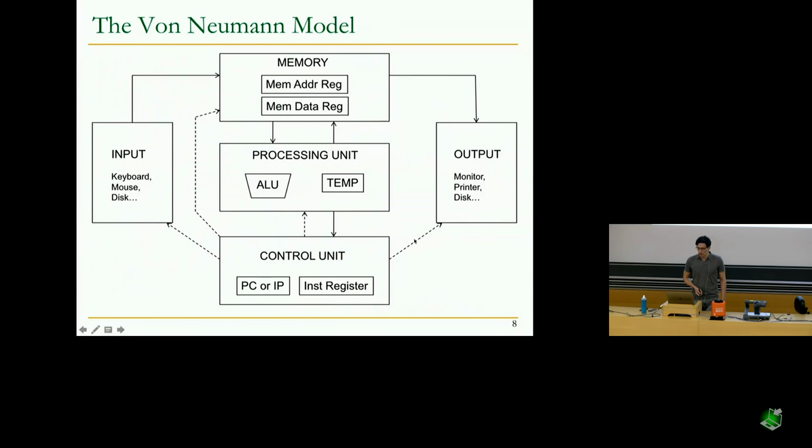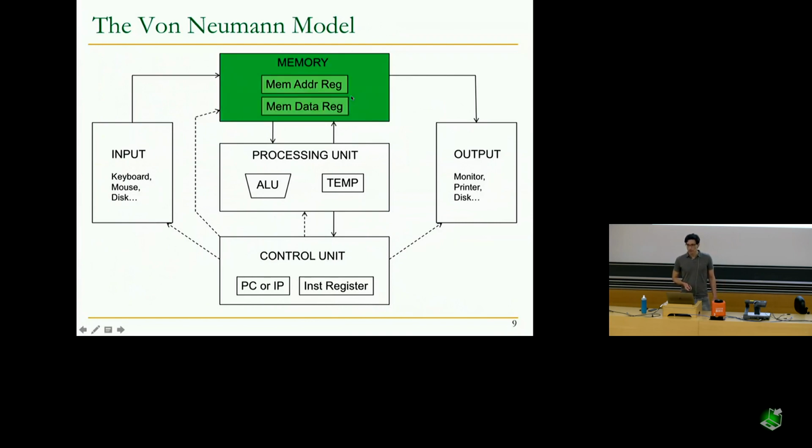And then you see that there are also some dashed lines. And all the dashed lines are starting in the control unit, right? These dashed lines represent control lines. So they are going to be used by the control unit to conduct the performance of all the computer, to give orders to all the elements in the computer.